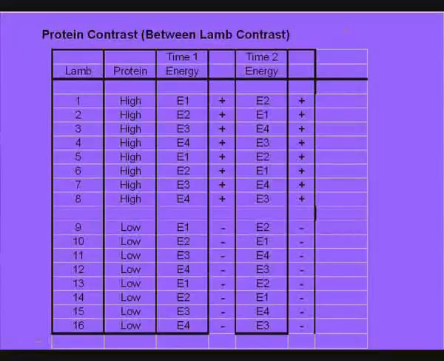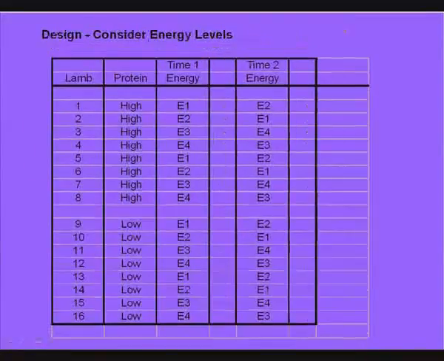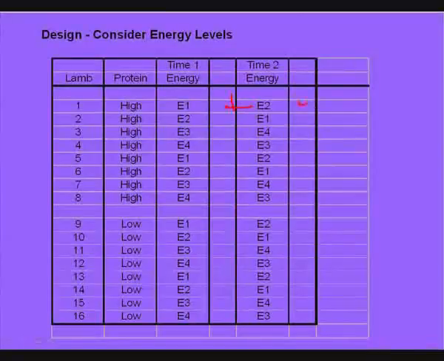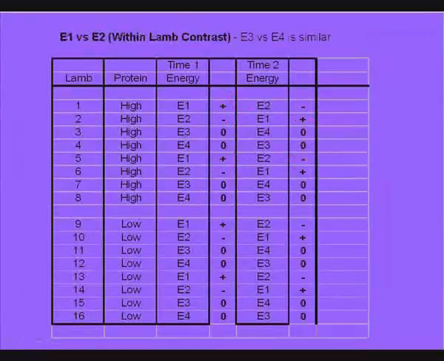or between lamb contrast. If you consider energy levels, say if we were comparing energy 1 to energy 2, then we would have a plus minus here, minus plus here, plus minus here, minus plus here, and so on, or as shown on this next slide, we would have this particular contrast.